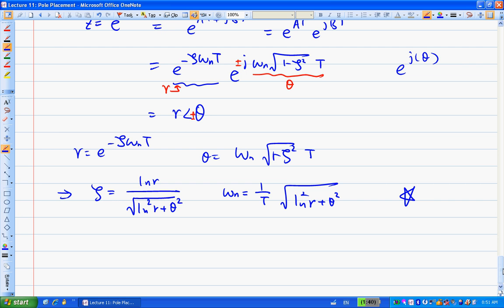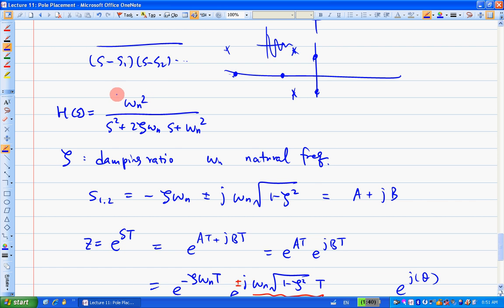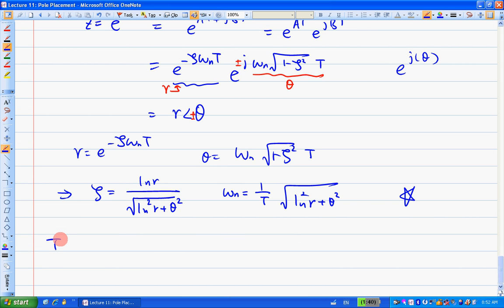Those are user specifications. So if we're talking about time constant for this kind of second order system, we call that tau. For the second order one here it is 1 over zeta omega n. So this is your time constant for this continuous system.